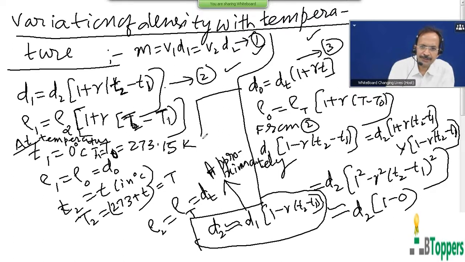Our density at T degree centigrade can be approximately written as equal to density at 0 degree centigrade into 1 minus gamma T. This is also approximately true.